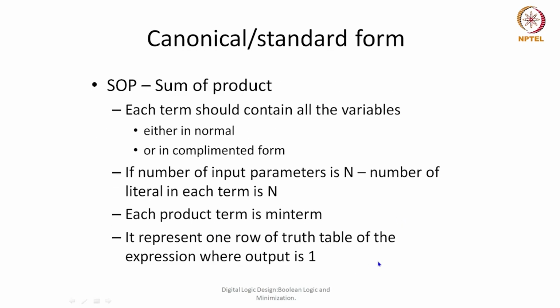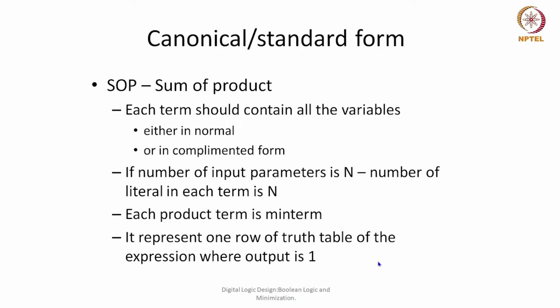Sometimes it is called the standard SOP, the standard sum of product form of that particular function. So it is clear that in a canonical form, in each product term all the literals or variables have to be present. And the second thing is that all of these product terms are also called min terms.